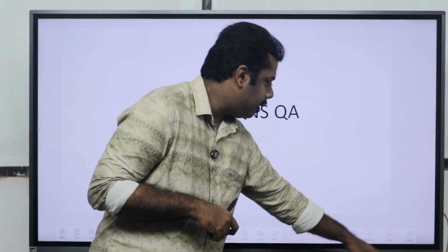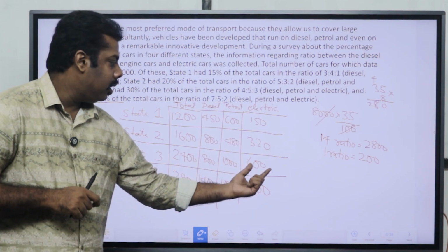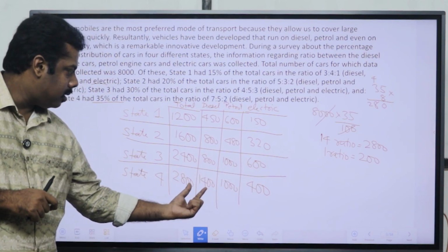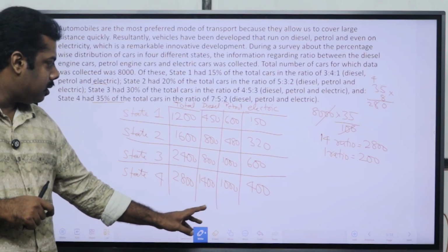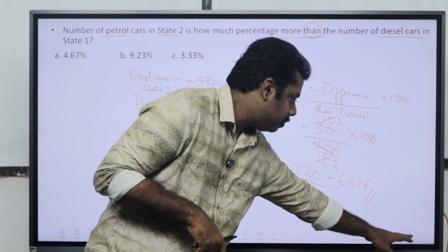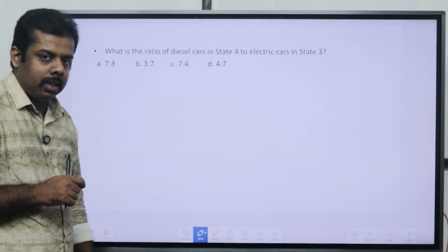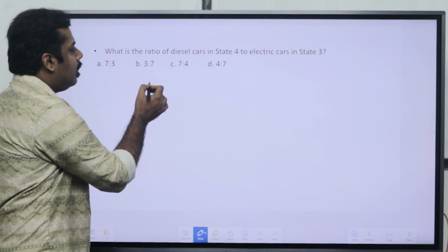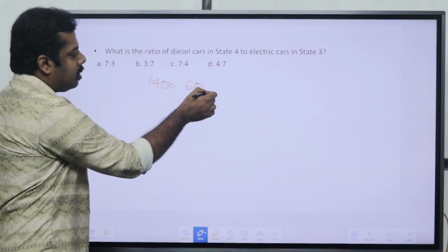So electric cars in state 3, that is 600, and diesel cars in state 4, that is 1400. So they have asked the ratio of these values. So first they have asked for diesel cars in state 4, as we saw it is 1400, and electric cars in state 3 was 600.